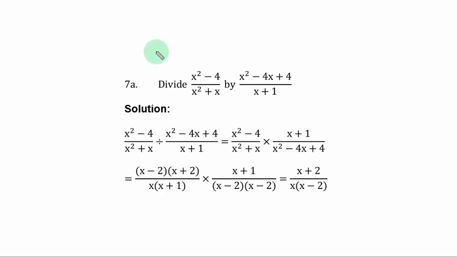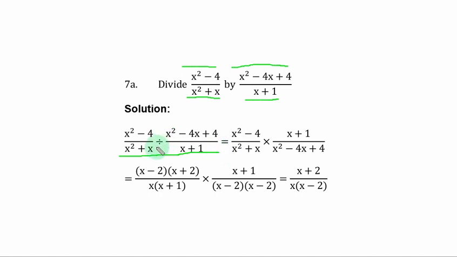Question 7a, divide (s squared minus 4) over (s squared plus s) by (s squared minus 4s plus 4) over (s plus 1). This is the meaning of that question.